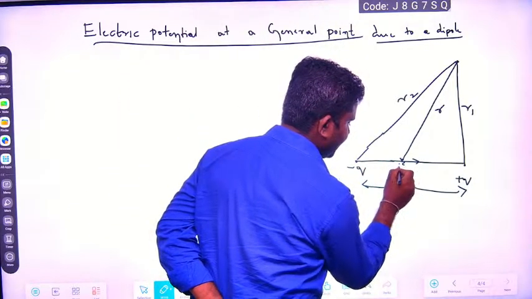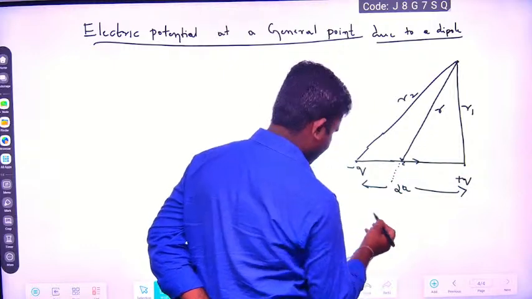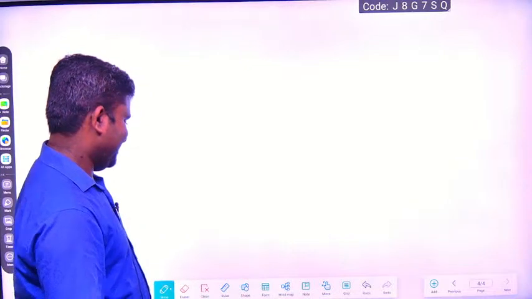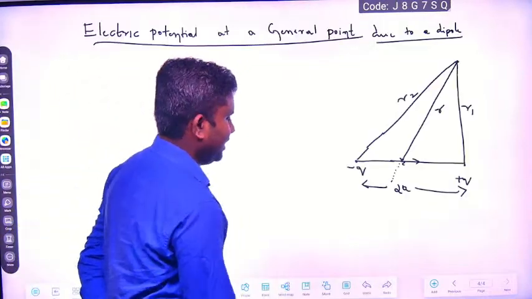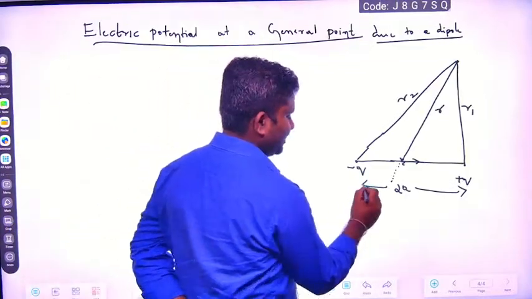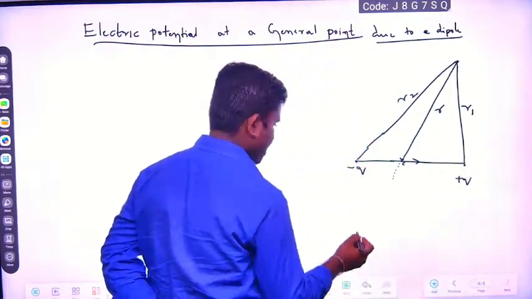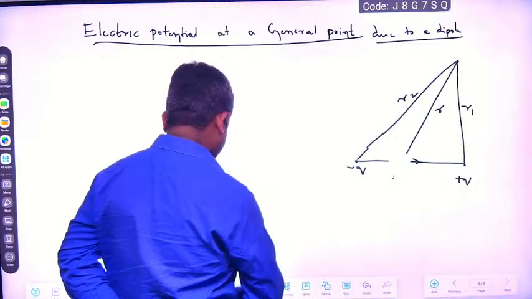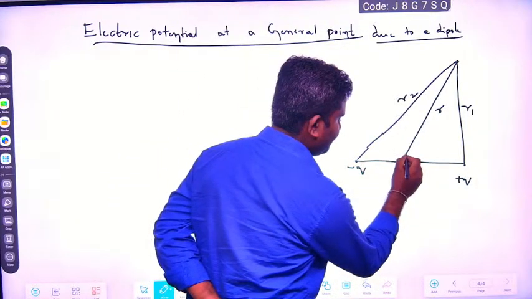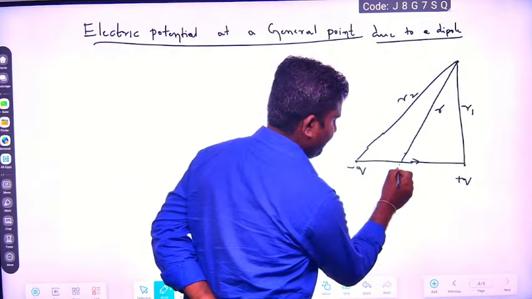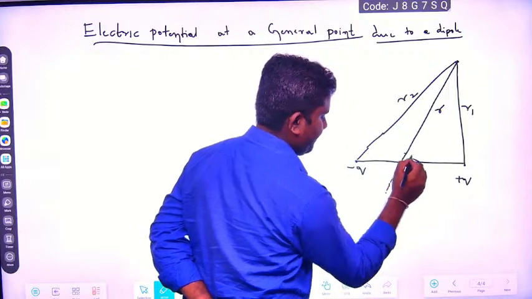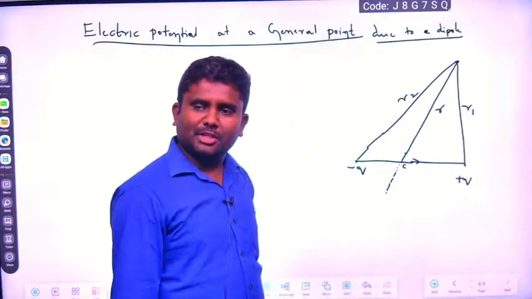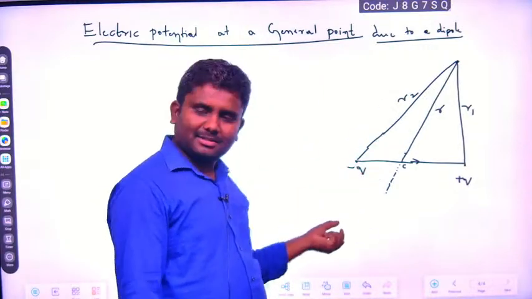Just extend this line. I will erase this. Now I will just extend this line here. This is the center of the dipole. I just extended that line.